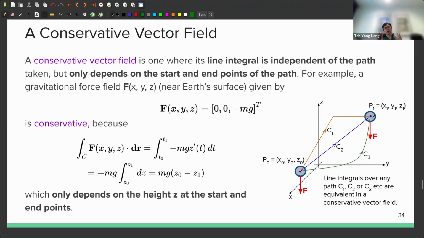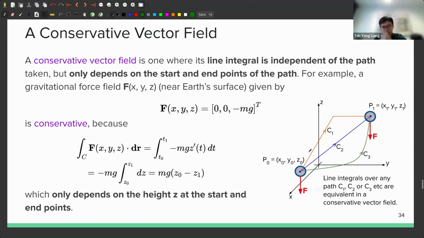So you can see conservative has something to do with conservation of energy. If energy is conserved, then you don't lose energy along the way due to friction. So therefore, we have this conservative concept here.